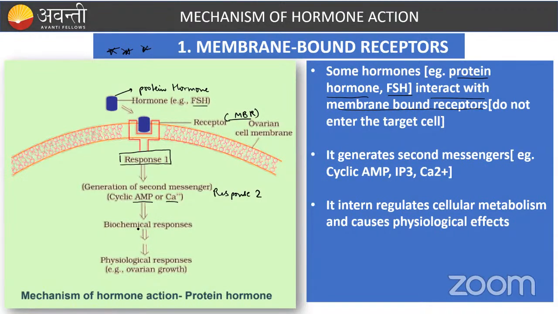All these responses lead to biochemical changes, and all these changes cumulatively result in a physiological response, which is ovarian growth, because follicle stimulating hormone plays a very important role in ovarian follicle development. Is that clear?